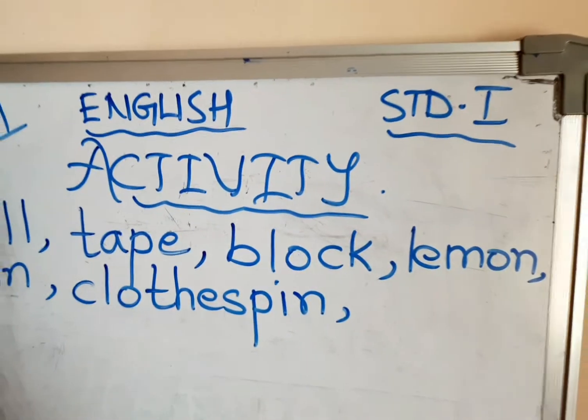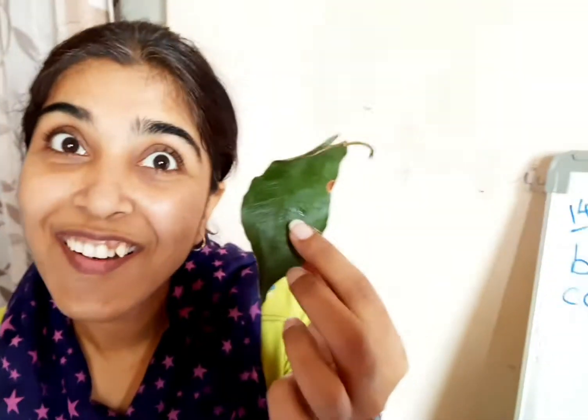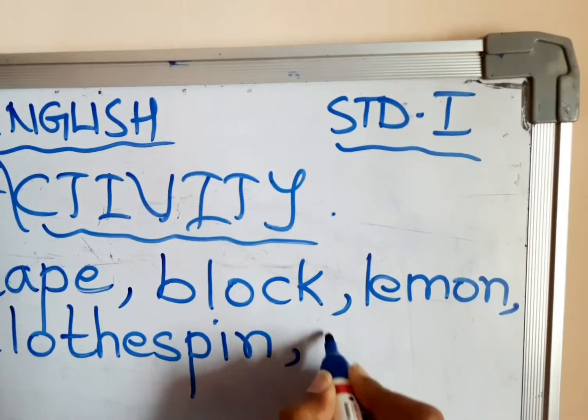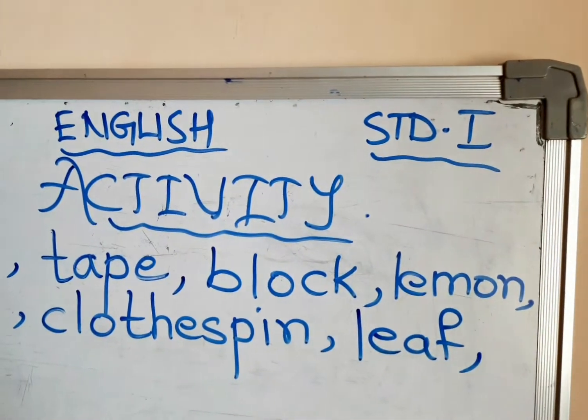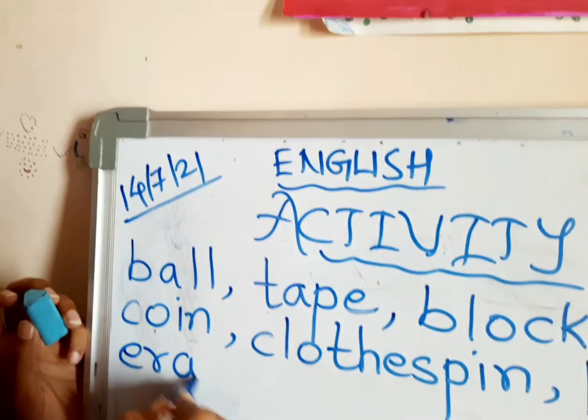The next thing that I have is a leaf, the leaf of a tree. The other thing with children, most of you use it while writing, that is an eraser.